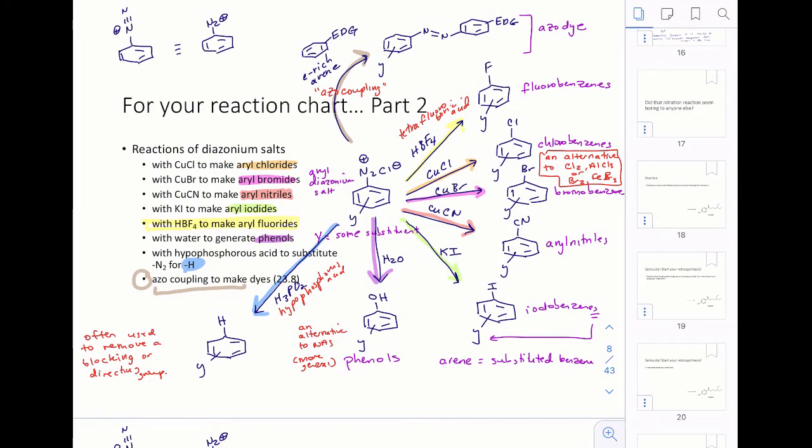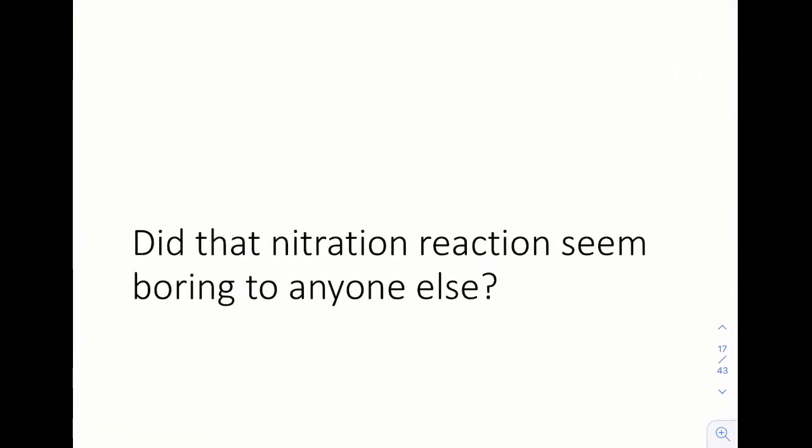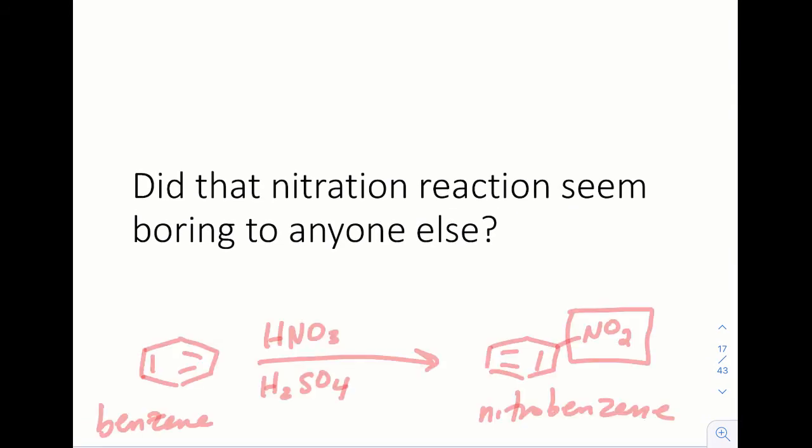When you first learned electrophilic aromatic substitution reactions, you may have thought, wow, nitration seems boring. Although we've encountered the nitro group from time to time, we haven't really talked about what one can do with the nitro group or why it's a useful functional group in molecules.